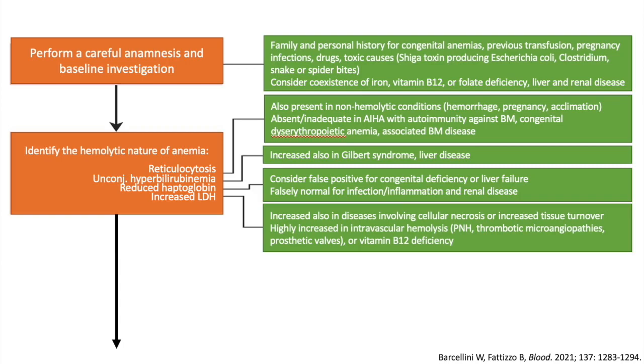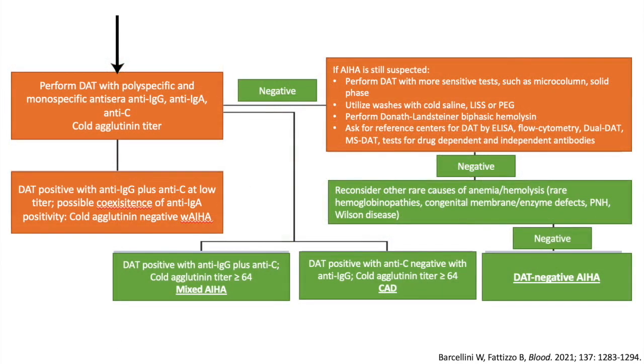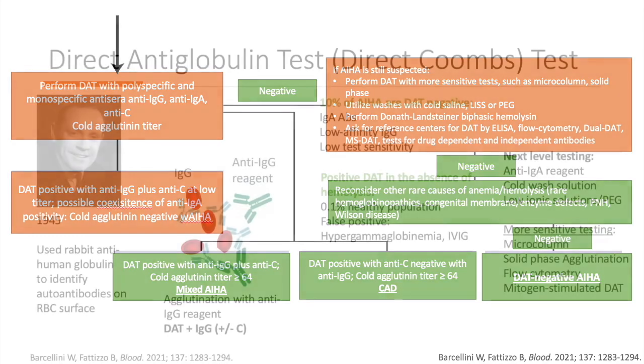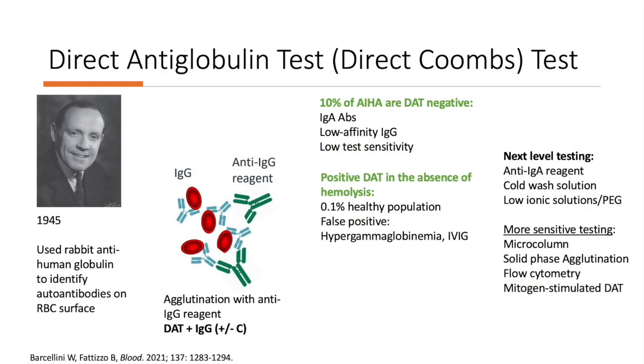The next step would be the direct antiglobulin test, which is the pivotal test to diagnose autoimmune hemolytic anemia. It is generally performed with polyspecific antisera in most laboratories, which means that in the same tube you would put anti-IgG and anti-complement antisera to detect immunoglobulin G or complement fractions directly adherent on the surface of patients' erythrocytes.